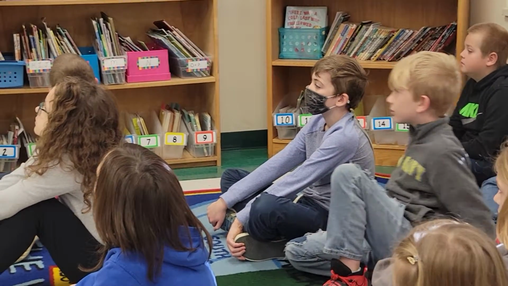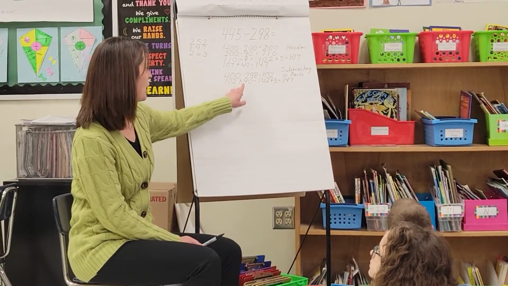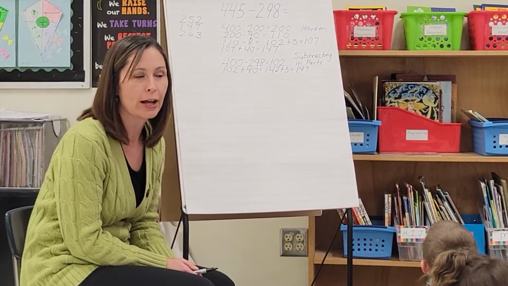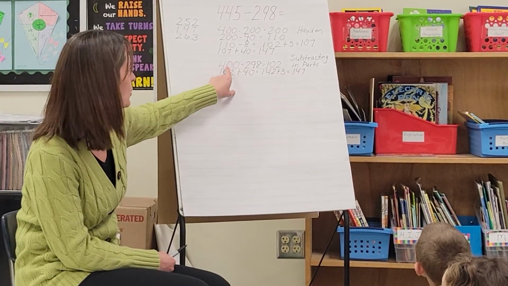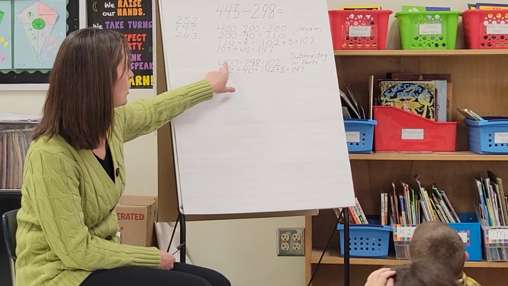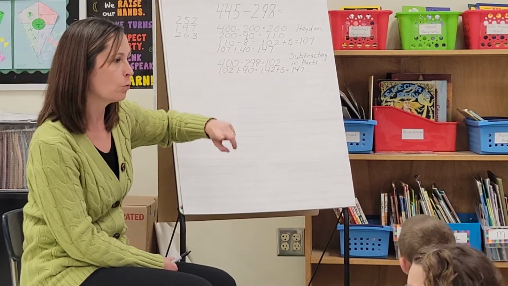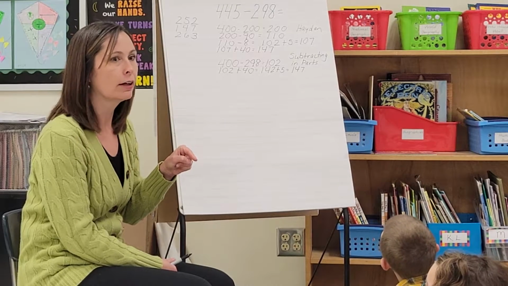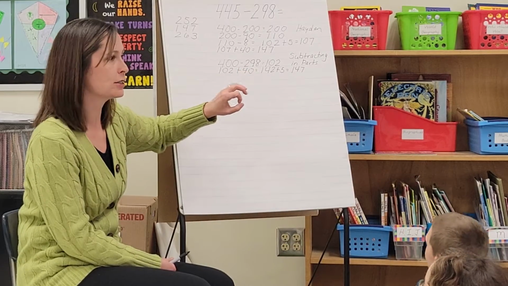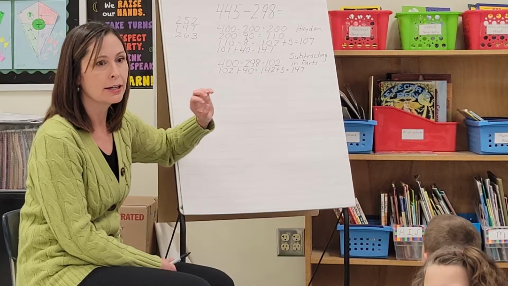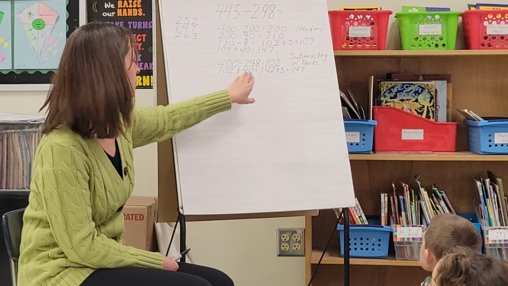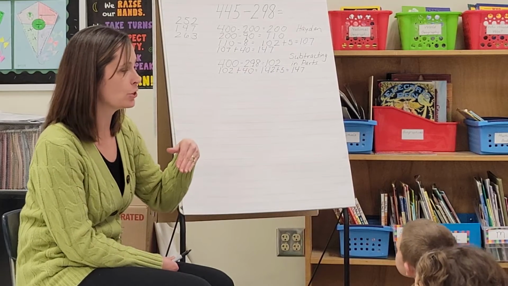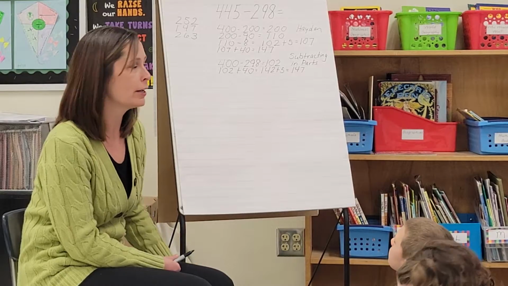Well, you stole my strategy. It's so close to 300, right? So you just think about it as a 300. 400 take away 300 would have been 100, but since it was just 298, you added the 2 back in. Okay, so that was a good idea. Instead of having to subtract the tens and the ones, just pretend it's 300, but add that 2 back in to make up for taking away too much.